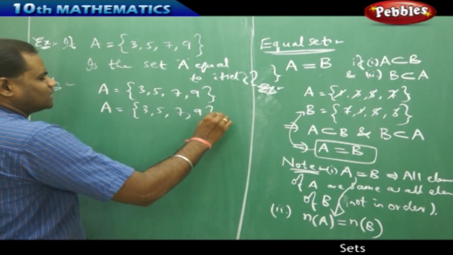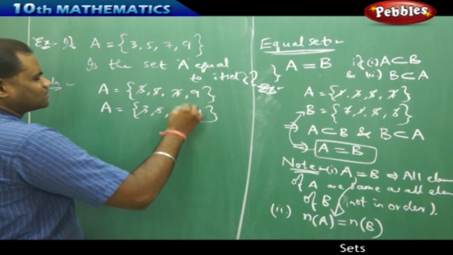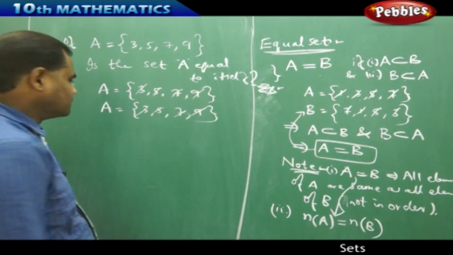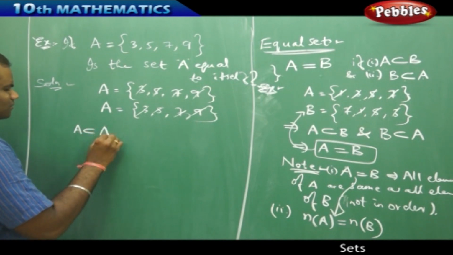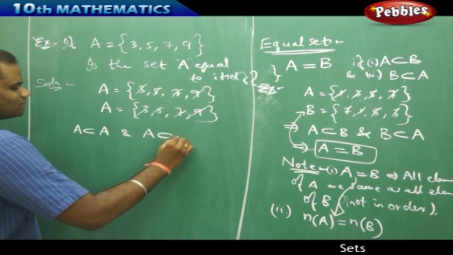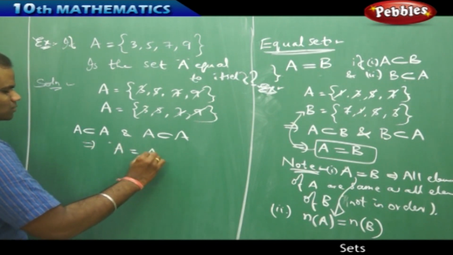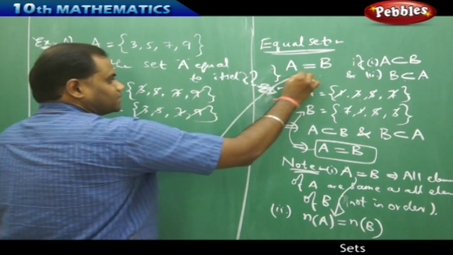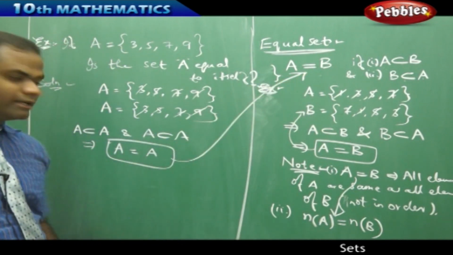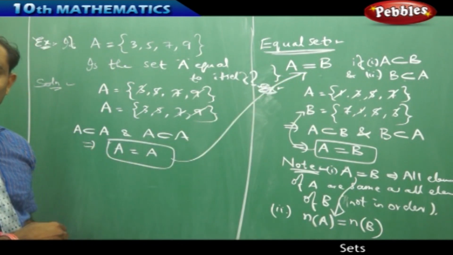Now this clearly makes me understand that every element gets cancelled and obviously A must be a subset of A, and in the reverse way also this is a subset of A. That implies A is equal to A strictly by the definition as we considered. Therefore every set is equal to itself.